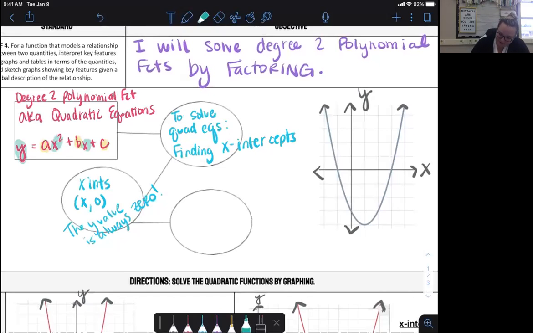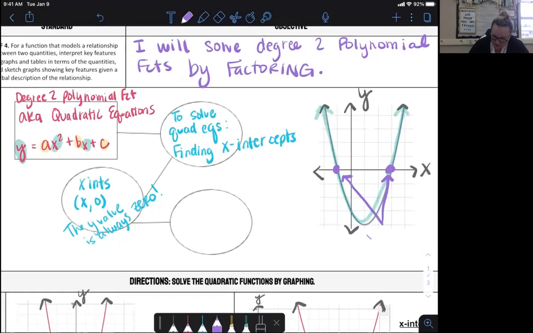You're going to get a graph that's shaped like this. It's either upwards facing or downwards facing. But you're always going to get a parabola. And when we solve these equations, what we really mean is you're finding the x-intercepts of these parabolas. So if you were to graph the equation, where would those x-intercepts be?